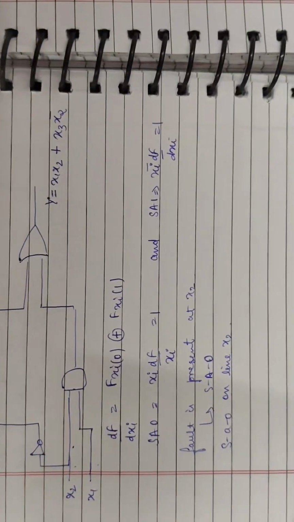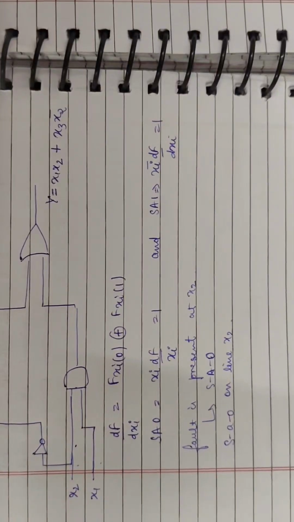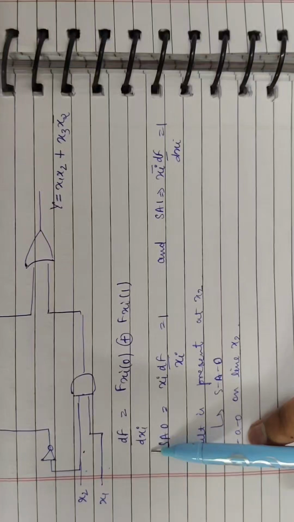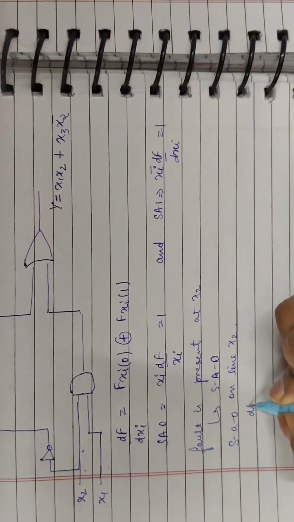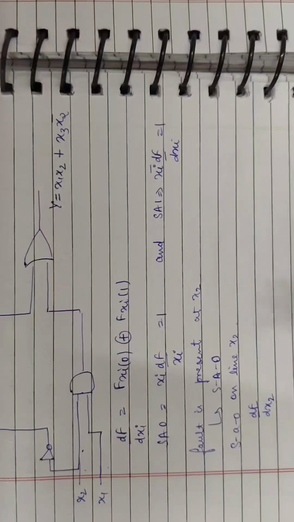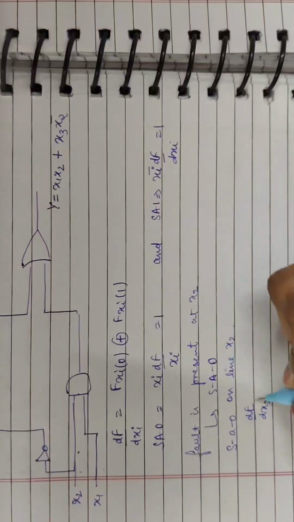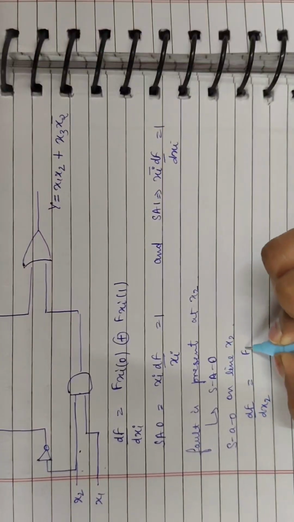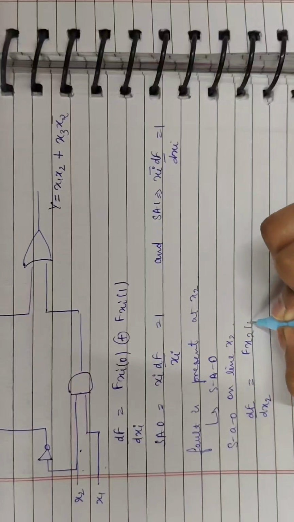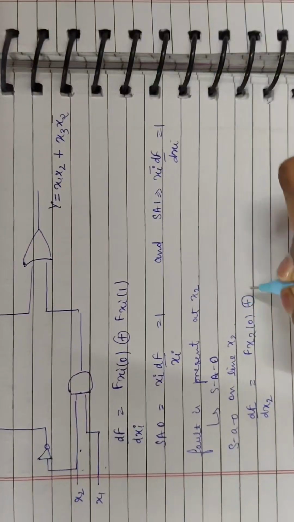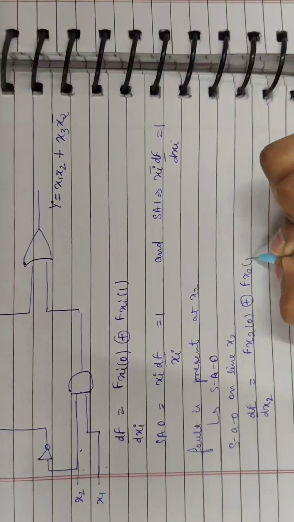So in this example xi will be taken as x2. First, according to the equation, we will calculate df by dx2. F is the output function, so df by dx2 will be f x2 at 0 XOR f x2 at 1.